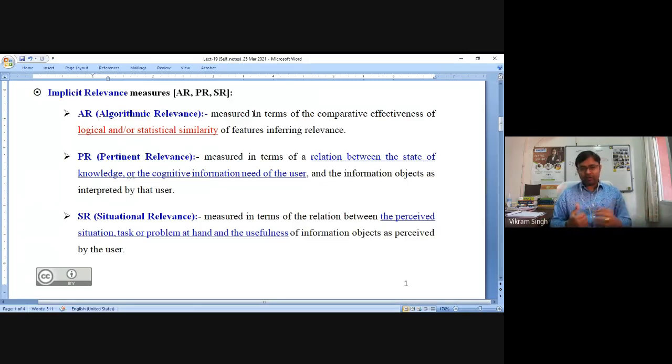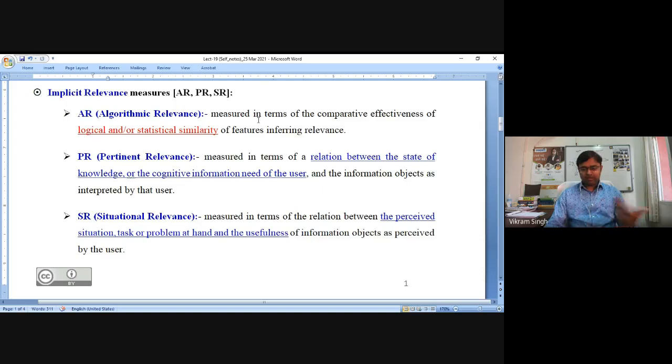So there is a fundamental rule that whenever we design an implicit relevance measure for our system, the score will be based on the document corpus or the user query. So you have 2 inputs to plan our implicit relevance measure. We will be discussing these measures, right?